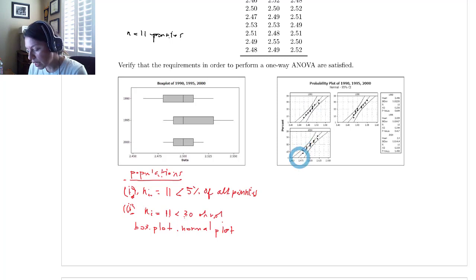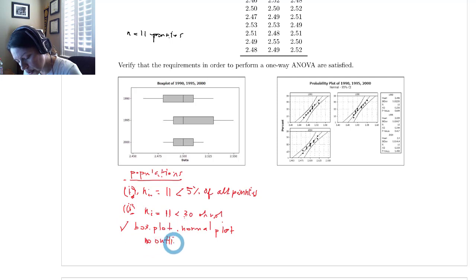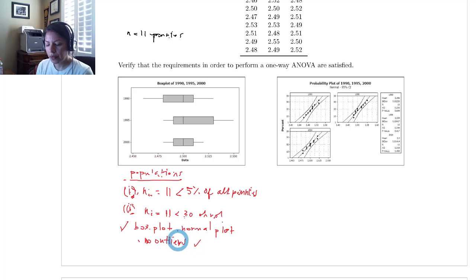We can see that they all lie within the normal 95% confidence interval. So we have no outliers, and you're okay on the box plots.